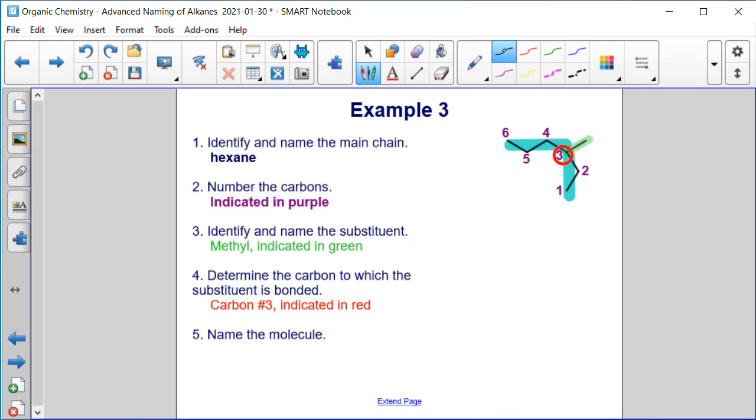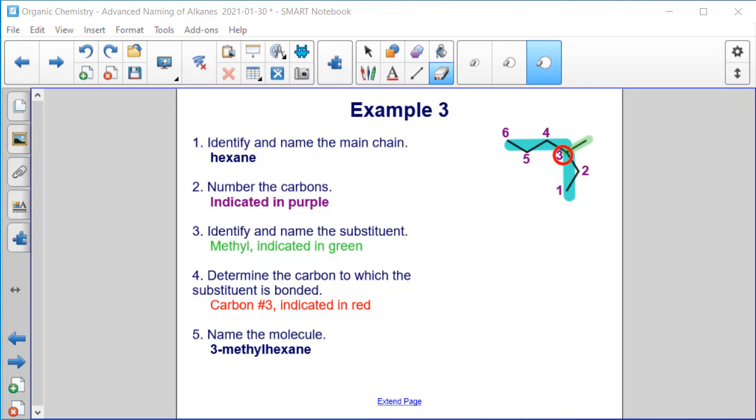So this is why we do all the work of these previous steps, so we can just very straightforwardly, without missing anything, say that this is 3-methyl hexane. So the name of this molecule is 3-methyl hexane.